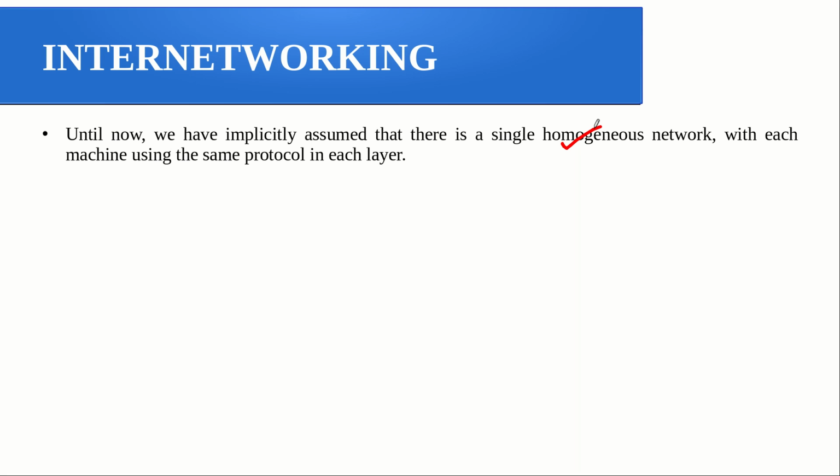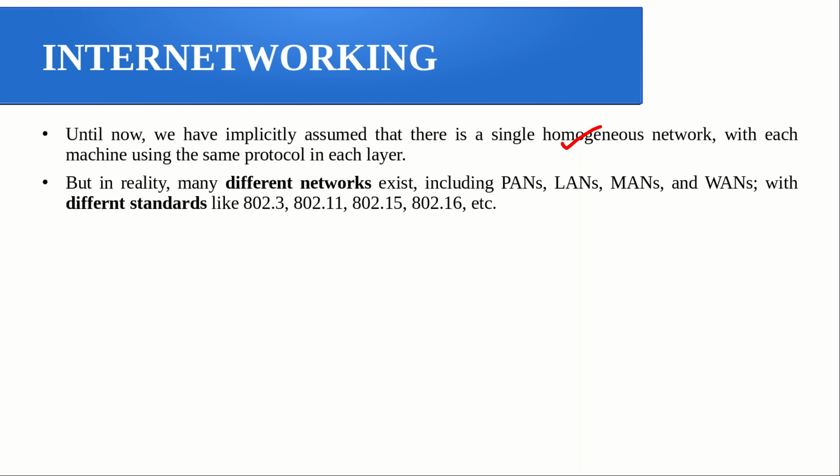We assumed each machine uses the same protocol in each layer, but that is not the case in reality. In reality many different networks exist. Of course we know the different types of network based on their geographical size: the personal area network, the local area network, the metropolitan area network, the wide area network. They come with different standards, like 802.3, the Ethernet standard, the popular wired local area network.